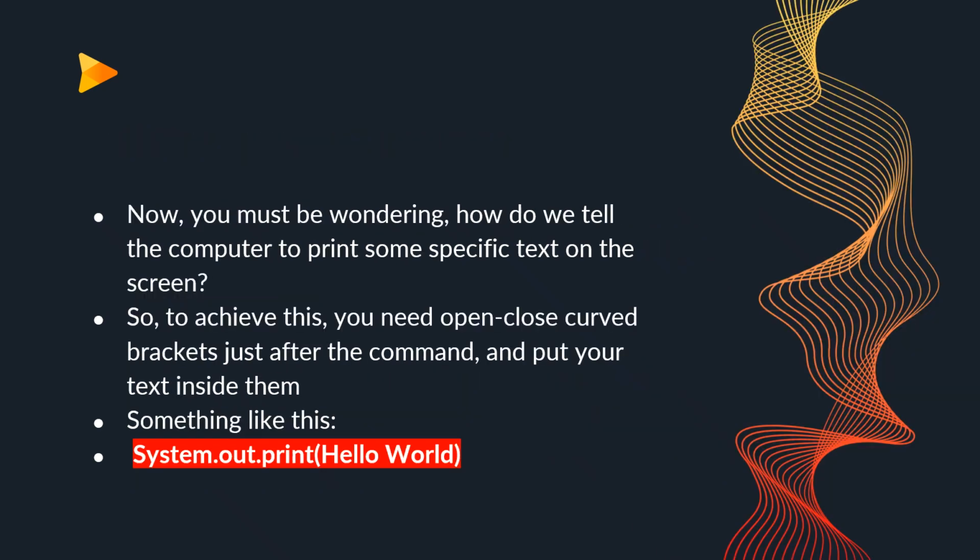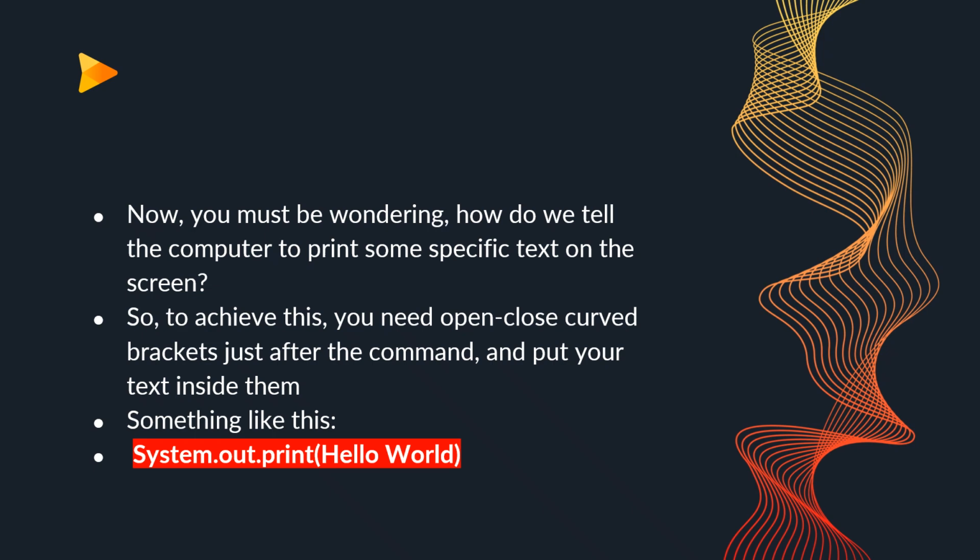Now you must be wondering how we tell the computer to print some specific text on the screen. We know the command, but how do we print the text? To achieve this, you need open and close round brackets just after the command and put your text inside them.